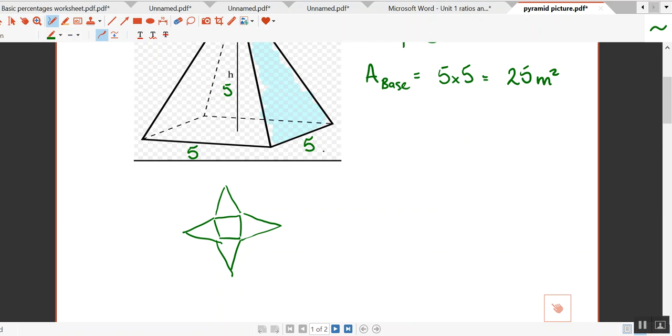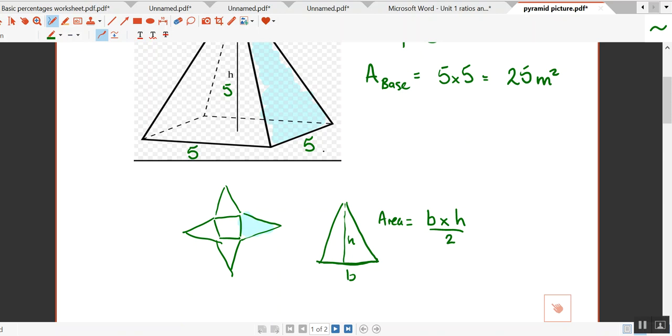So what we're going to do is work out what one of those triangles is, and the area of a triangle, just one triangle, is area equals base times height divided by 2, where this is the height, this is the base.